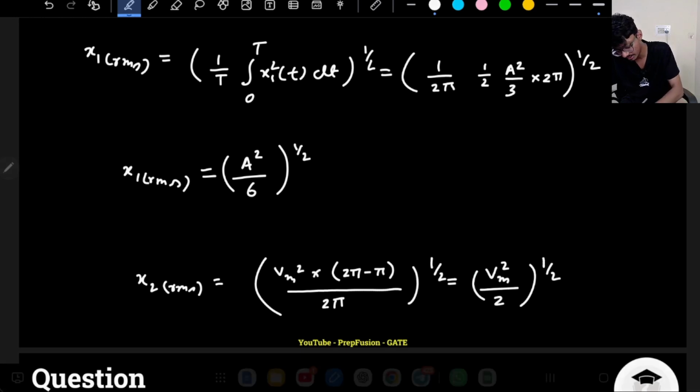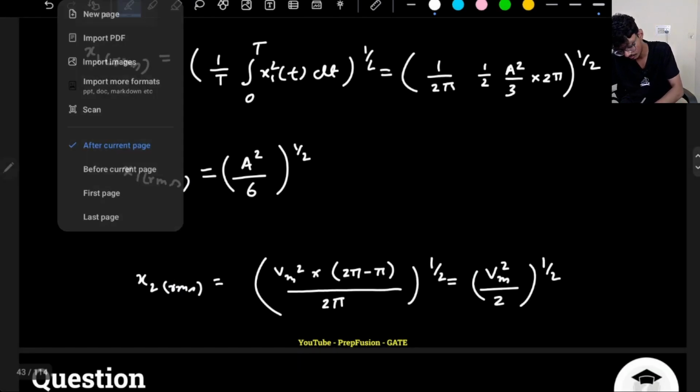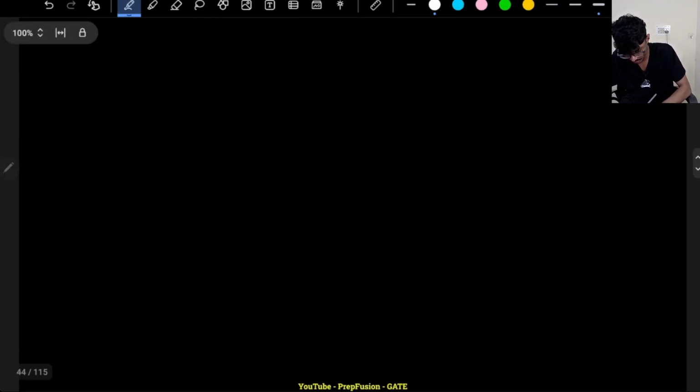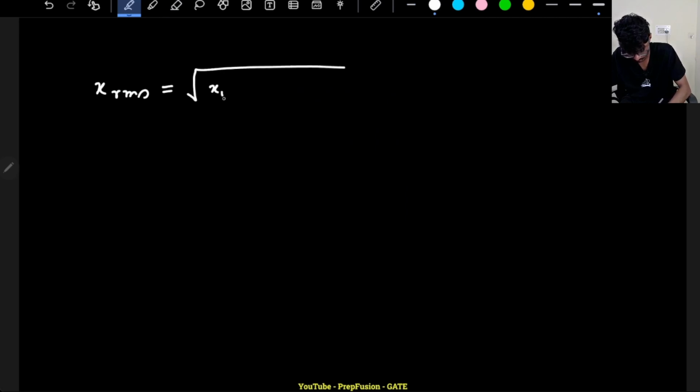So ultimately my whole x RMS equals x1 RMS whole square plus x2 RMS whole square, whole under root.